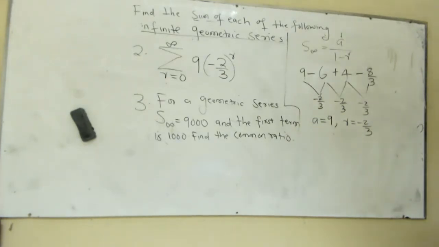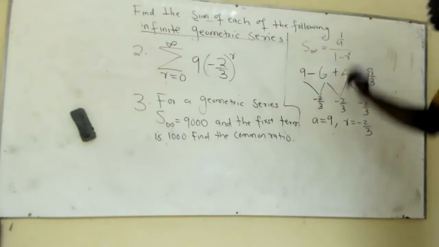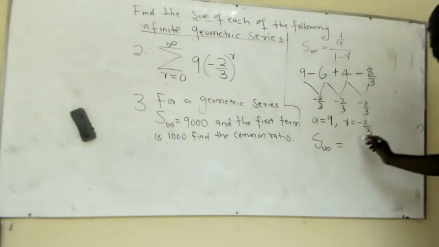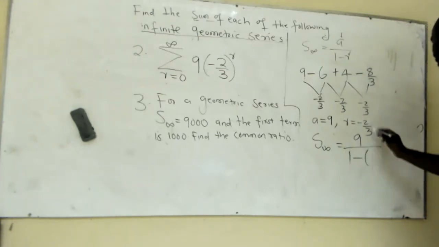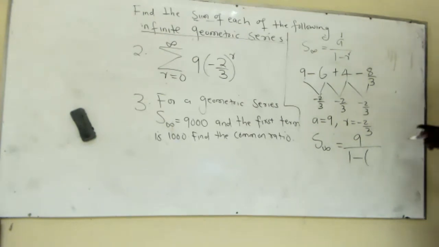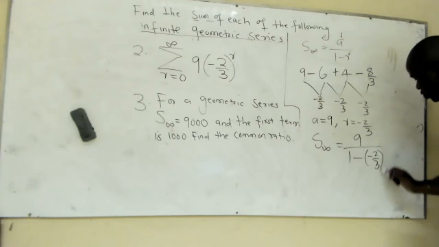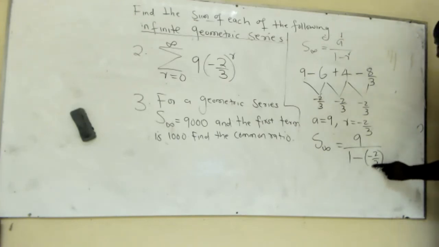Okay, then now let's substitute back into the formula. So it's going to be S infinity equal to, the first term is 9 over 1 minus, and then the r. You can see I'm using brackets here. Why am I using the brackets? Because this r is coming with the negative.